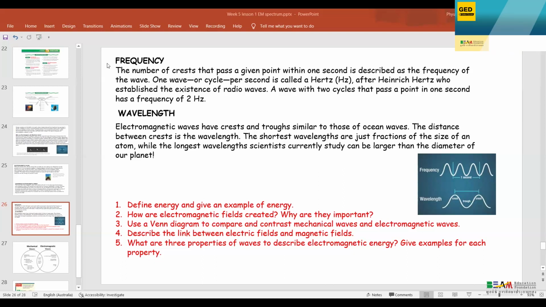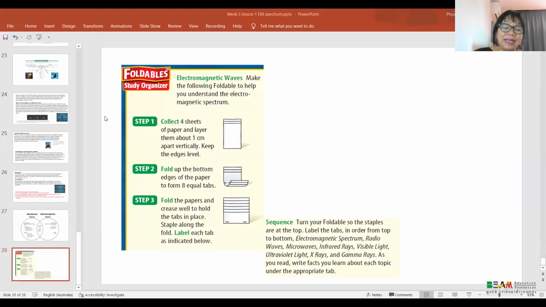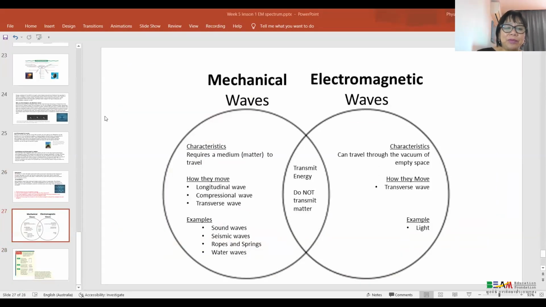Wavelength and amplitude. Energy is more important, because it's very impossible to measure the amplitude of an electromagnetic wave. So energy, frequency, and wavelength. Those are the three things.